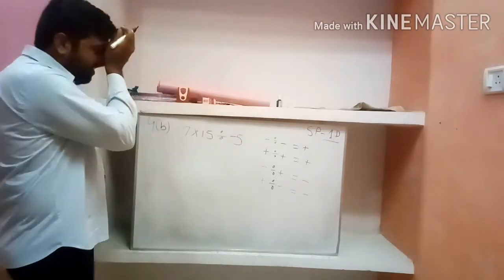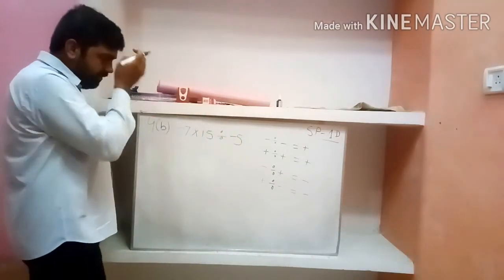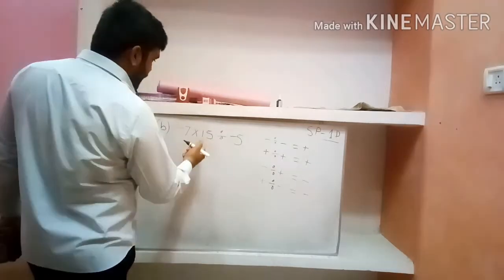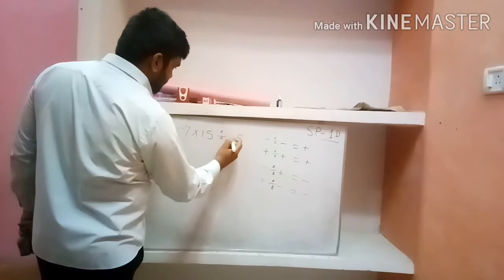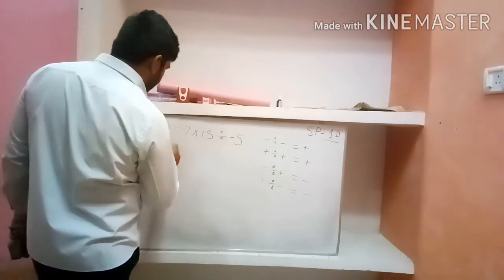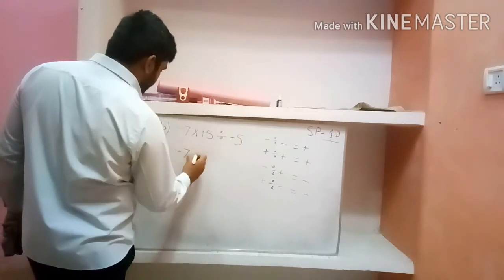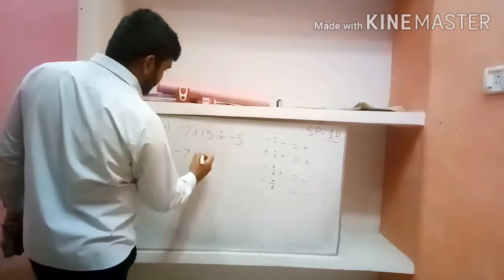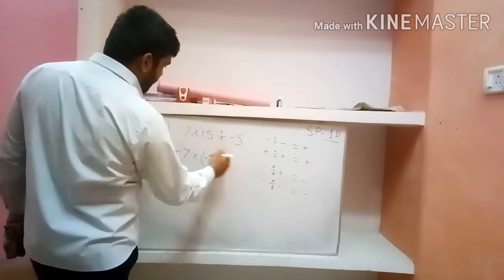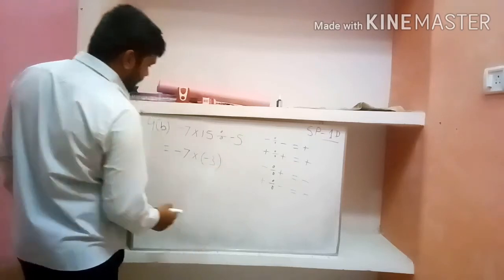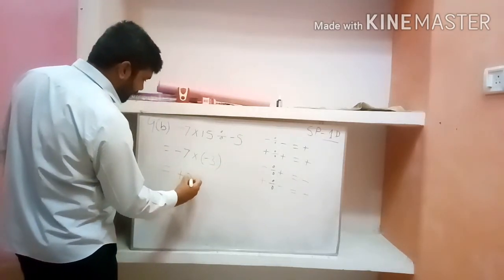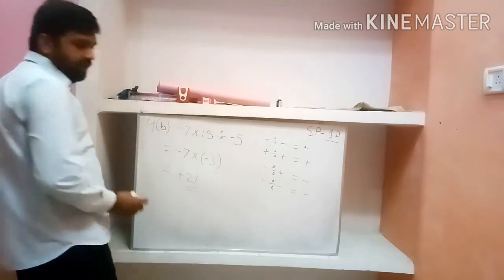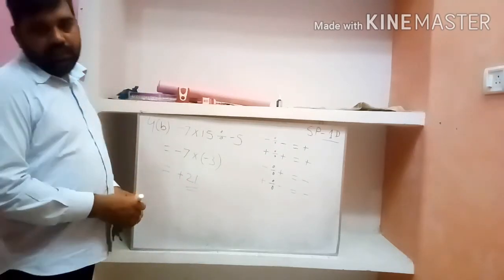So according to the rule, first we divide. So here you see plus and minus. Minus 7 multiply, here you see plus minus gives you the minus, and 5 threes are 15. Now again you see minus minus plus, 7 threes are 21. So the answer you got is 21. Okay, like this you have to do.